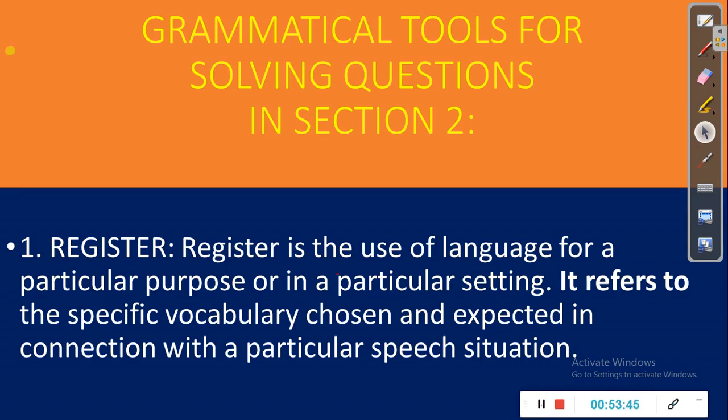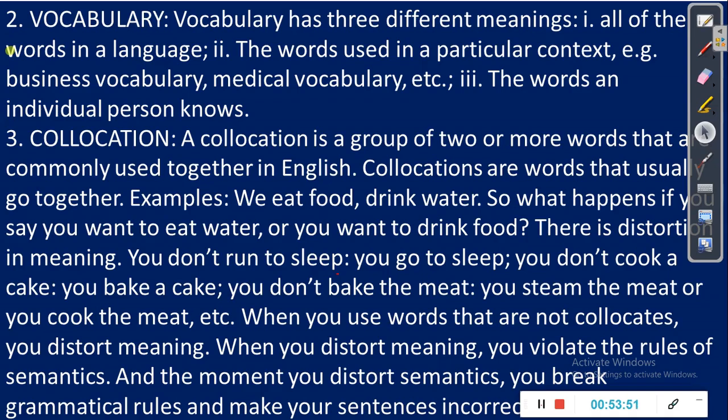We looked at how appropriate register is in solving questions in section 2. Then we looked at vocabulary, which has 3 different meanings. All of the words in a language, the words used in a particular context, like when you talk of the business vocabulary, the medical vocabulary, and so on.